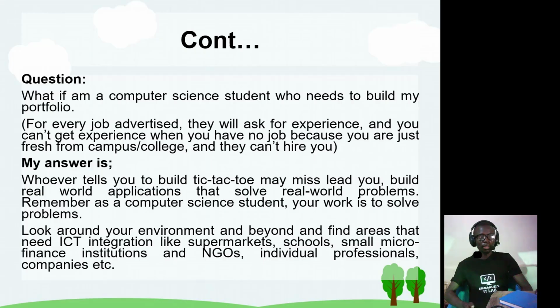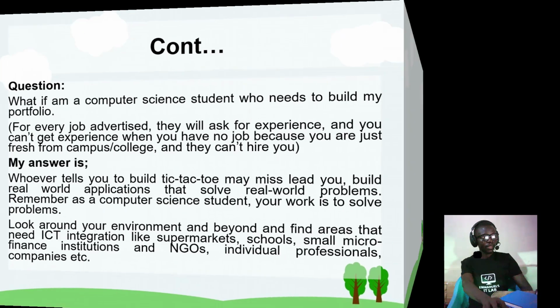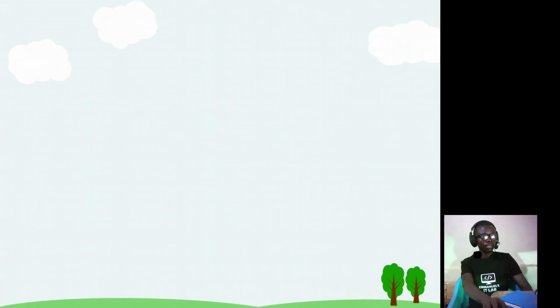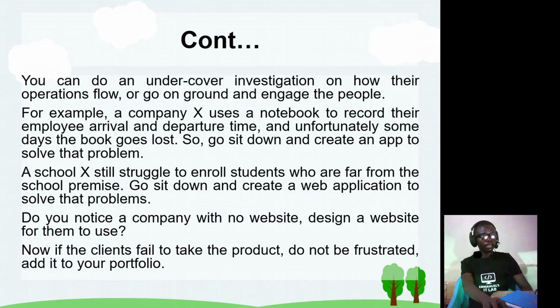Meet an individual. Perhaps an individual needs a website. So meet individuals and try to interact with them. What are they up to? So you can do an undercover investigation. If you don't want to go on ground, you can do an undercover investigation and gain insight on their operations. Or go on ground like I mentioned.